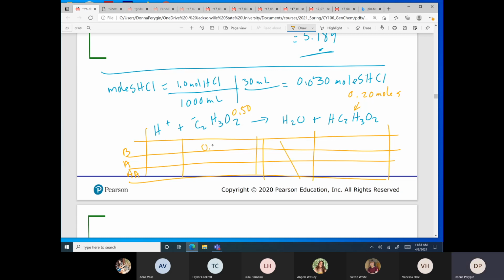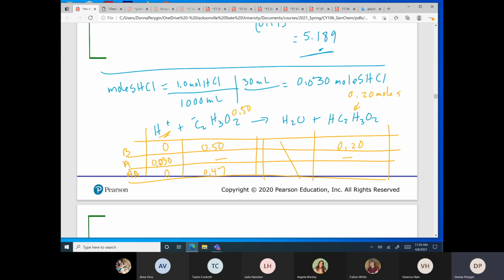We had 0.50 of this, we had 0.20 of this, and we're adding 0.030 of H plus. So that's going to give us 0 of the H plus in the end, and 0.47 moles of acetate left.